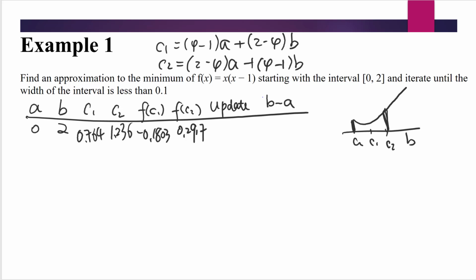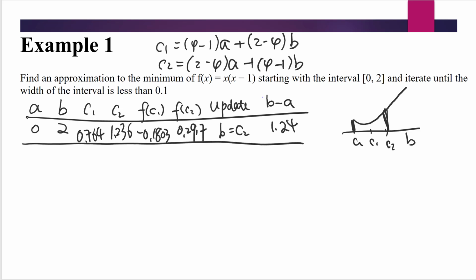So C2 will be the new B. B is updated by assigning the value of C2 to the variable B. So right now the interval is from A to C2, and C2 is 1.236, which is approximately 1.24. So this will be the new width of the interval. So this is the first iteration.